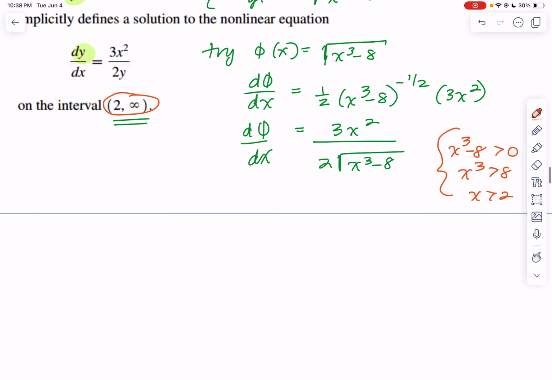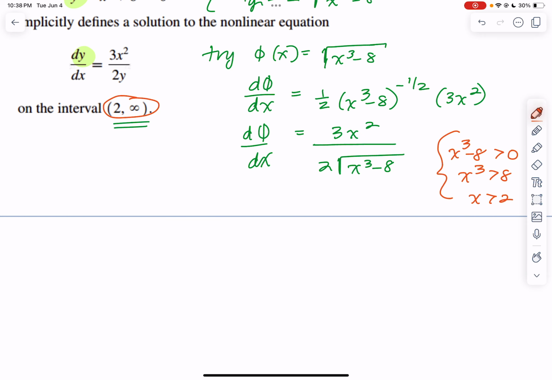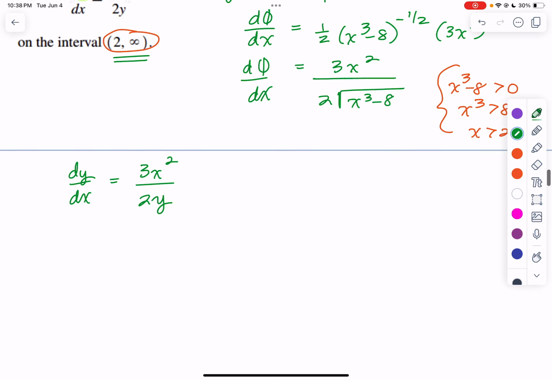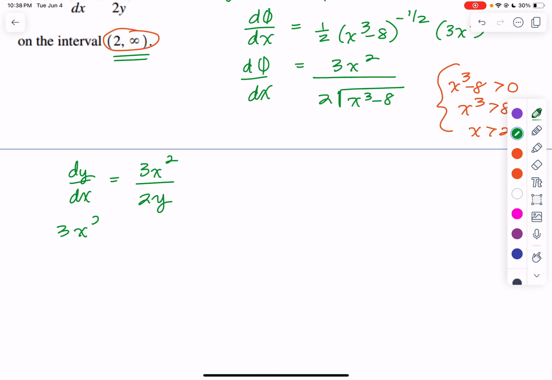Okay, so now let's substitute these into our differential equation. So we have dy/dx right here is equal to 3x squared over 2y. And so our derivative is 3x squared over 2 times the square root of x cubed minus 8.